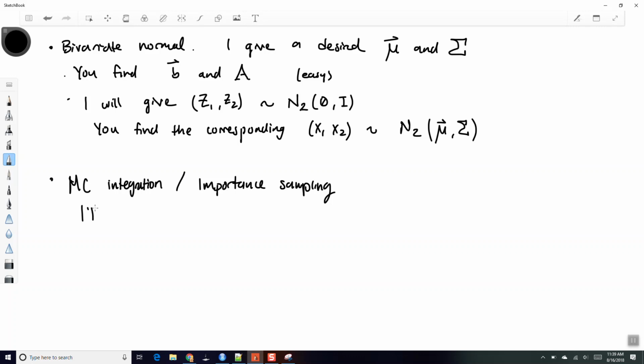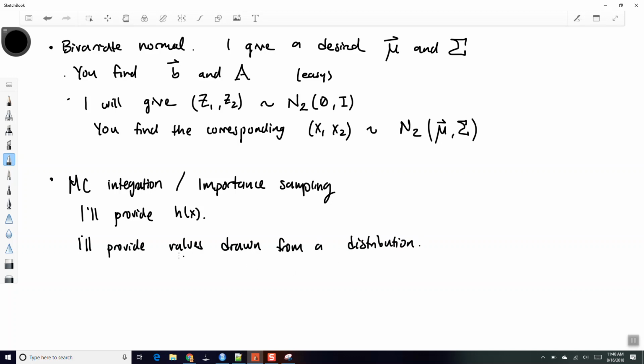So I'll provide h of x, okay? And then I'll provide values drawn from a distribution. So this is going to be like very bad integration or importance sampling, right?